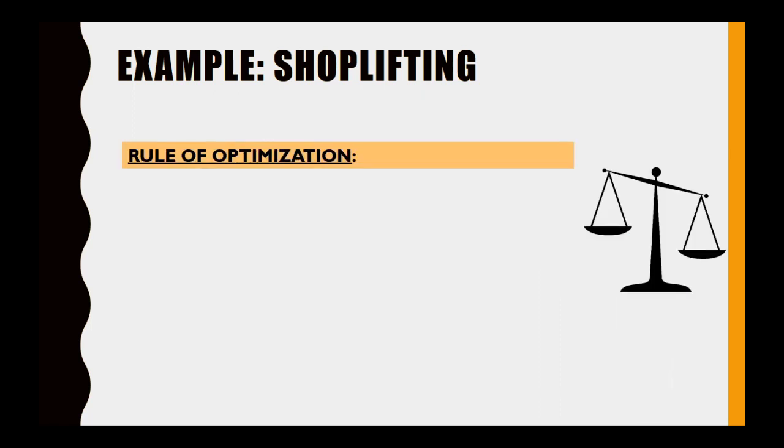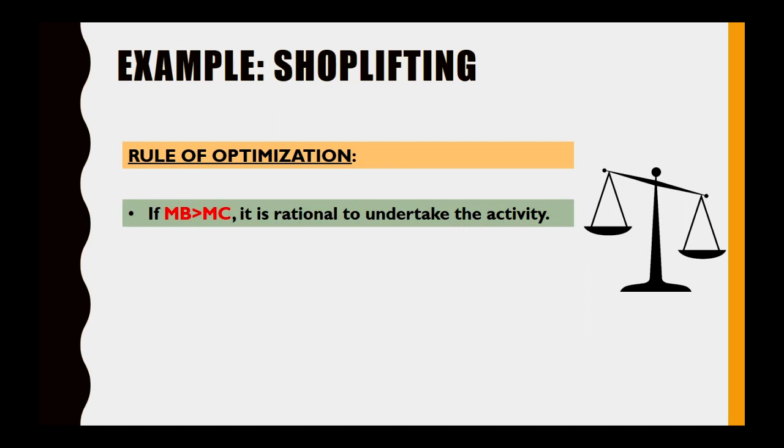So this leads us to the decision rule that we were talking about that we said we're going to need to use. And this is called the rule of optimization. The rule of optimization. So when I say rule of optimization, you'll need to know what I'm talking about. And the rule of optimization is very simple.